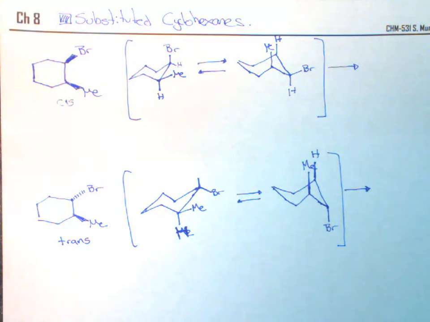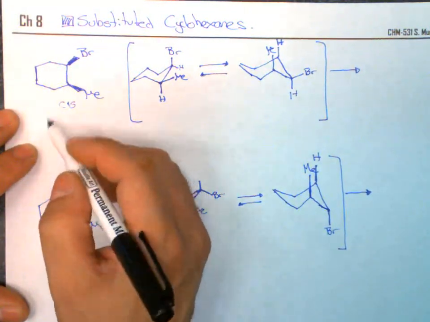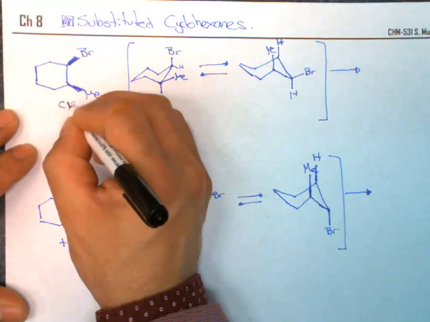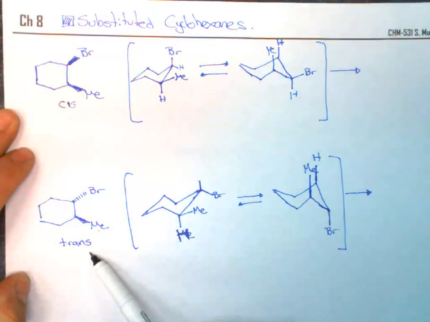And you have to be very much ready to draw chairs and to say which of the chairs is more stable, and to be able to depict which hydrogens are able to be eliminated. And so let's compare two stereoisomers, cis methyl bromocyclohexane versus the trans isomer.